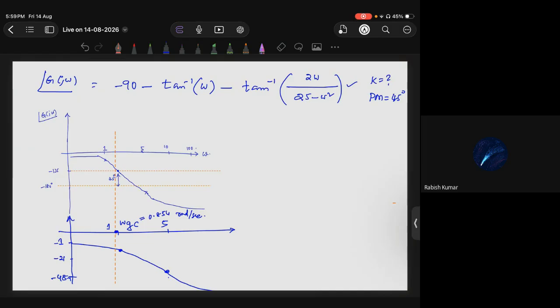Okay. So that is your omega GC. So it is like the gain margin. Omega is equal to omega PC, that will be equal to 1. Whenever you have this value.